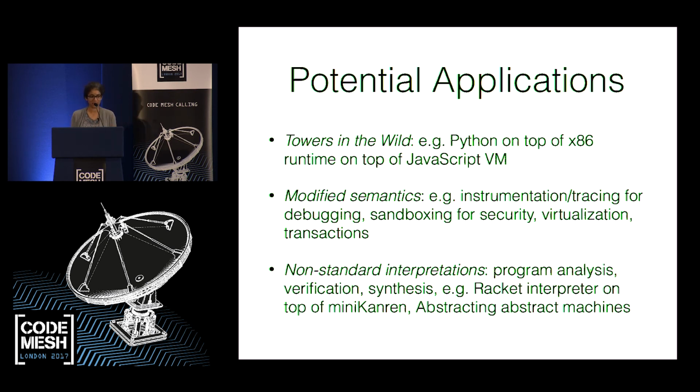And Will has a talk tomorrow about all sorts of fun miniKanren stuff. Anyway, the question is, what sort of collapsing could we do in that setting? And even in that setting, what's not very clear is what a staging language would look like for a logic programming language. While there has been a lot of work on partial evaluation, for staging it's less clear. And then another idea would be abstracting abstract machines.